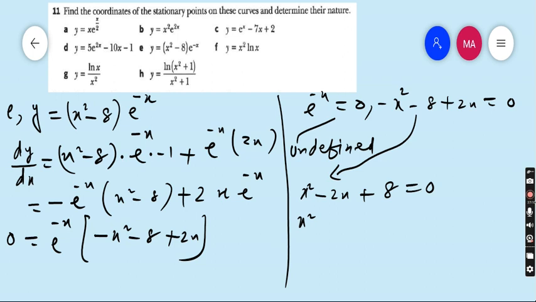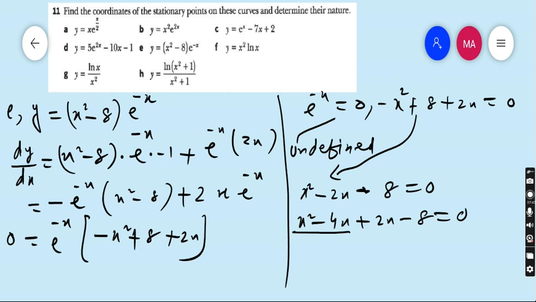Factorize it: x square minus 4x plus 2x minus 8. I am sorry, this is my mistake. The sign must be minus 8, and the middle term must be minus 2x.